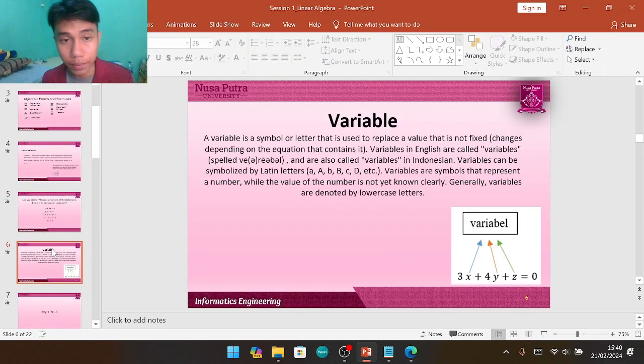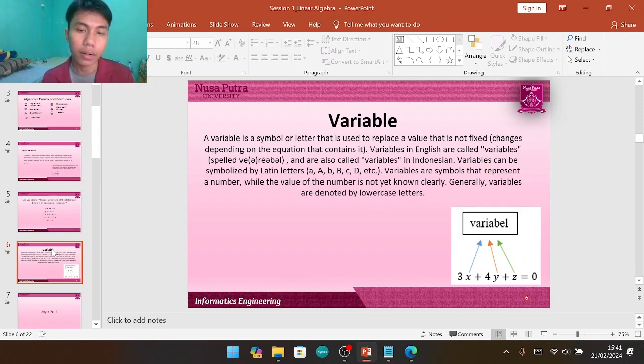Okay, next is variable. A variable is a symbol or letter that is used to replace a value that is not fixed, changing depending on the equation that contains it. Variables in English are called variables and are also called variabel in Indonesian. Variables can be symbolized by Latin letters like a, b, c, d, or capital A, capital B. Variables are symbols that represent a number, while the value of the number is not yet known clearly.